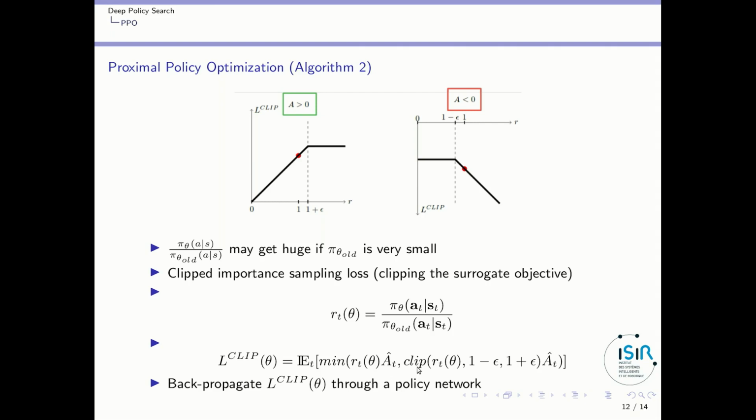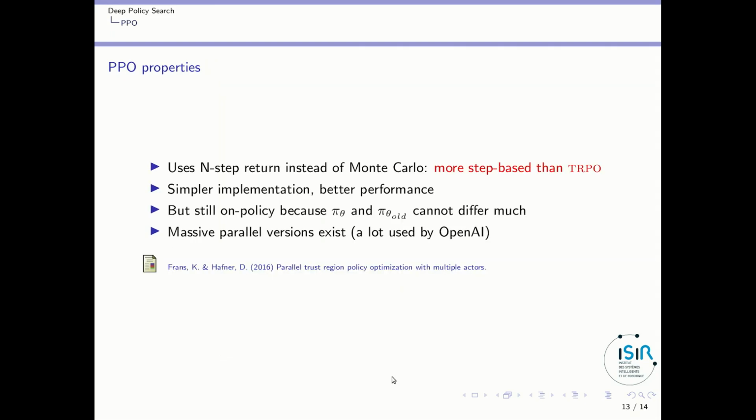Instead of taking its value, you bound the value between 1 minus epsilon and 1 plus epsilon, and then you perform the same estimated return objective calculation as before. Then you can backpropagate this loss through the policy network as usual as in TRPO, and this works quite well. So PPO, as I said, is a lot used.